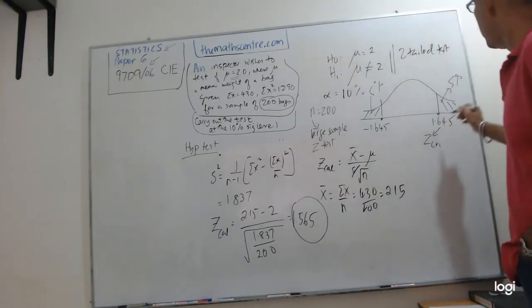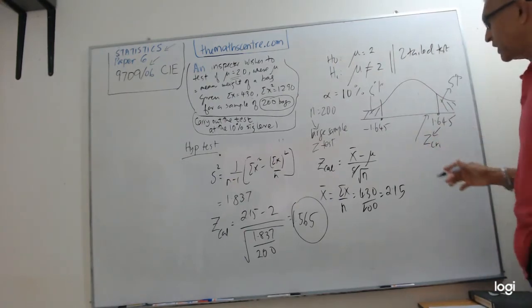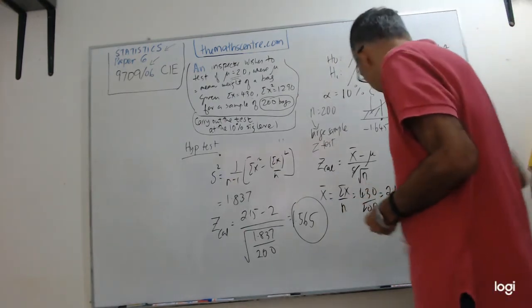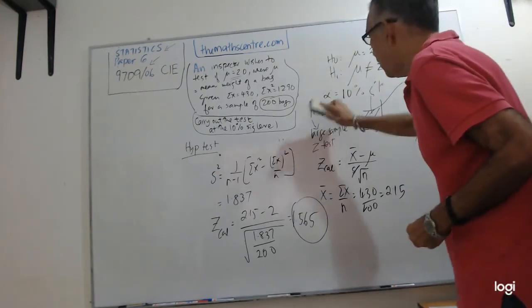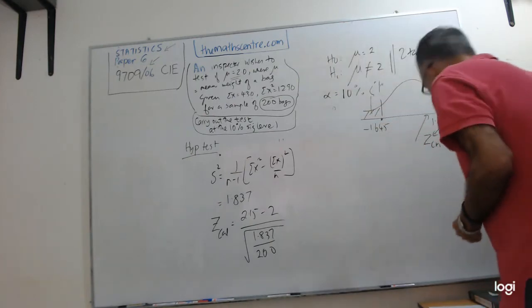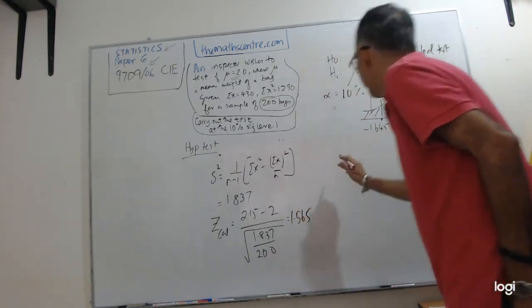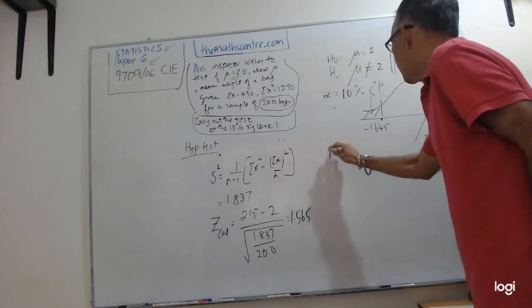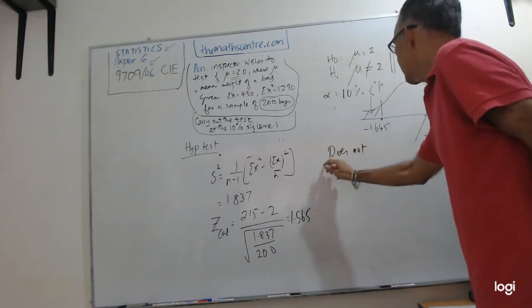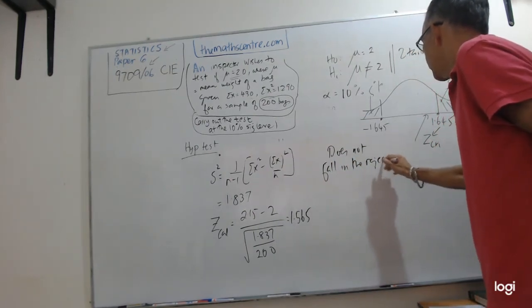Now you have 1.565 here. You're going to compare it with your Z critical. It does not fall in the rejection region.